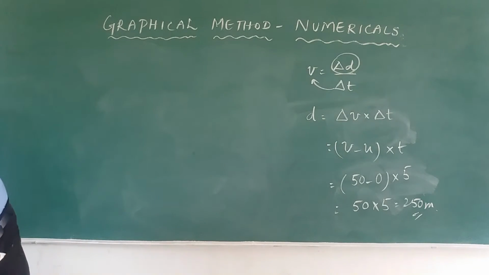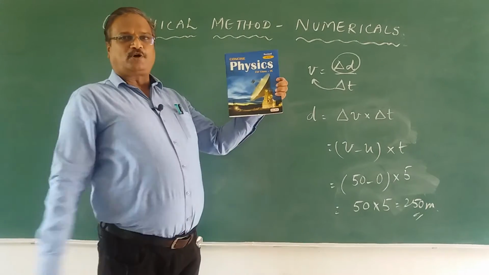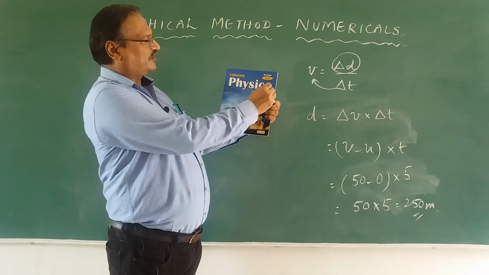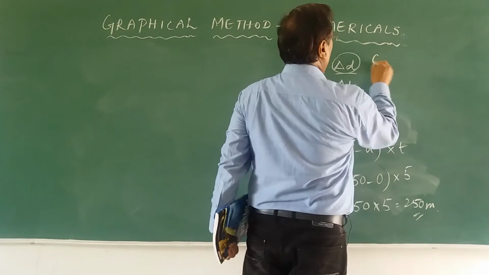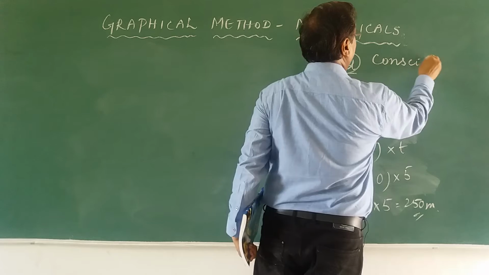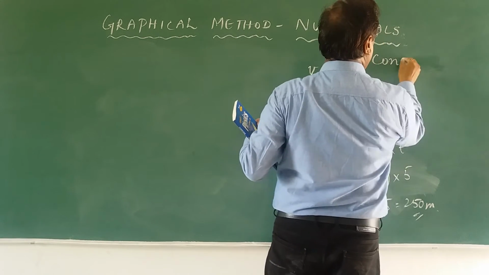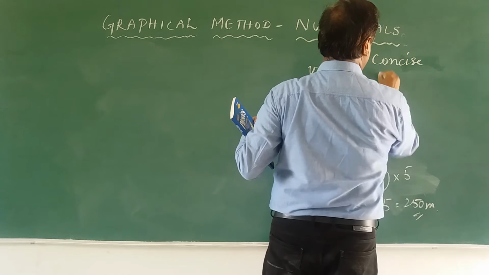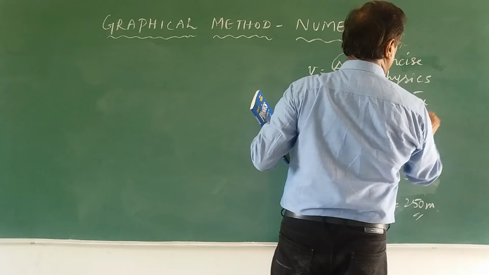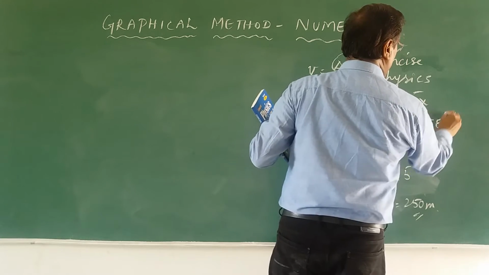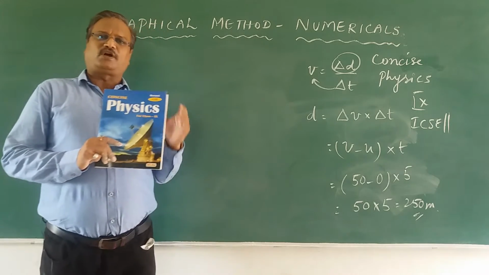See, what I am going to do, I am going to use a book called Concise Physics. This belongs to the ICSE board. This is of class 9th ICSE board, and this is a very good foundation for you, the 9th and 10th book of ICSE.